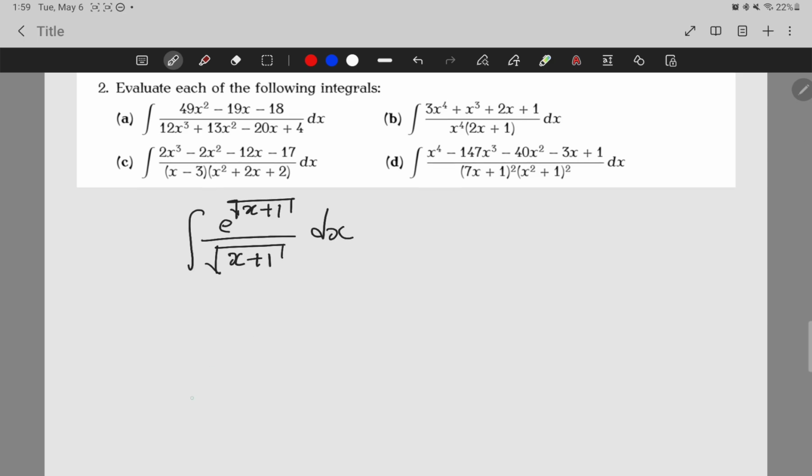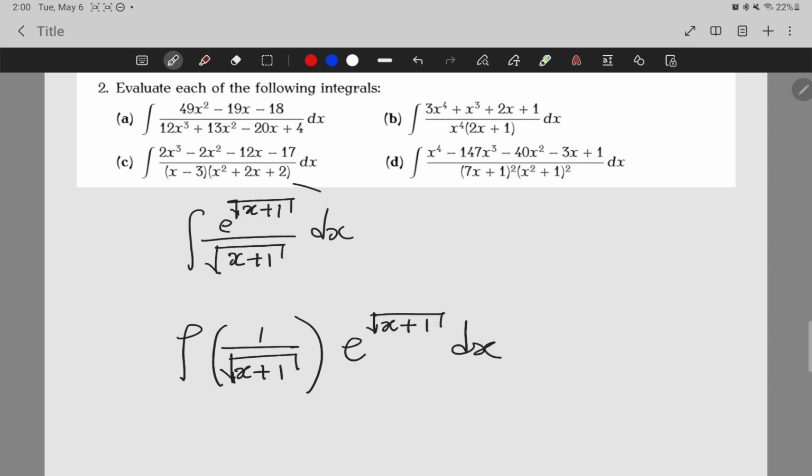So here, of course, through practice, you get to understand that this actually works for algebraic substitution. Why? You should be able to express this as the first part being 1 over root x plus 1, and the second part being the parent expression, e to the root of x plus 1, dx.